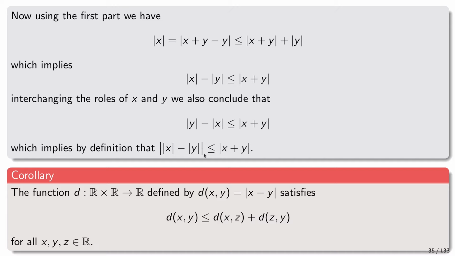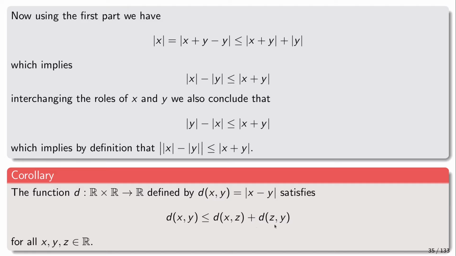Now we have this important corollary: the distance function that we have defined satisfies the triangle inequality. Using the inequality that we've proved, previously called the triangle inequality for the absolute value, it will be a straightforward demonstration for this function.